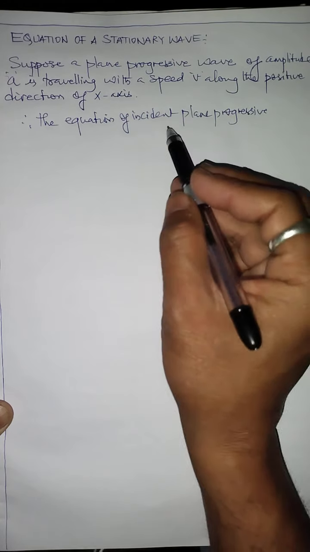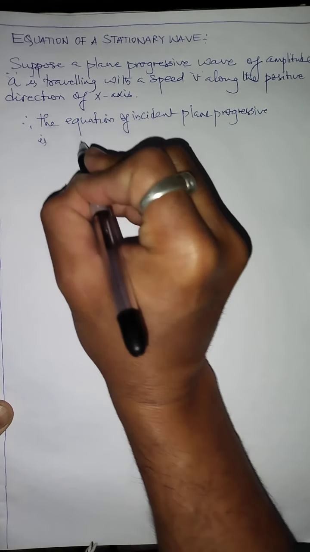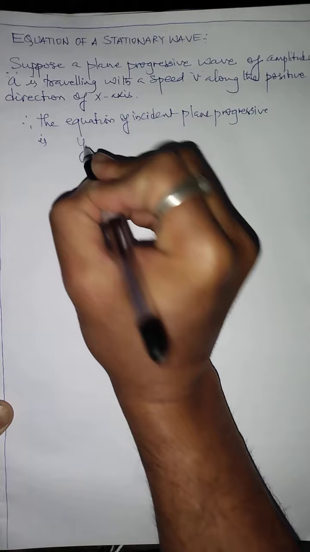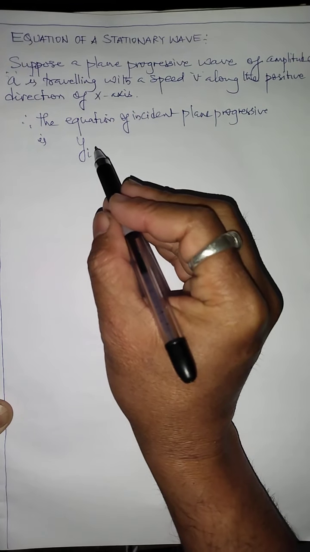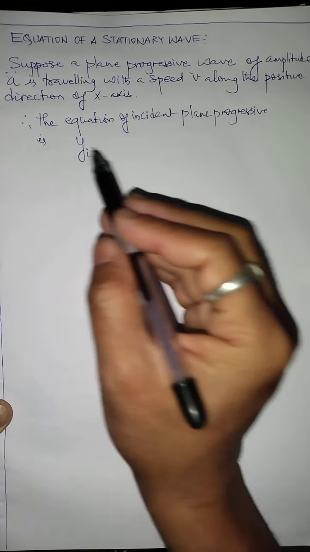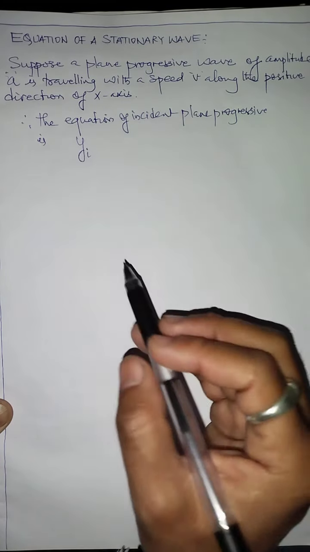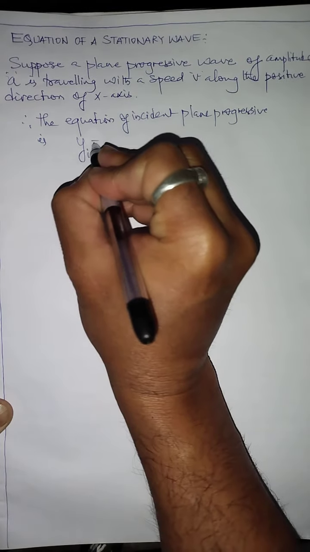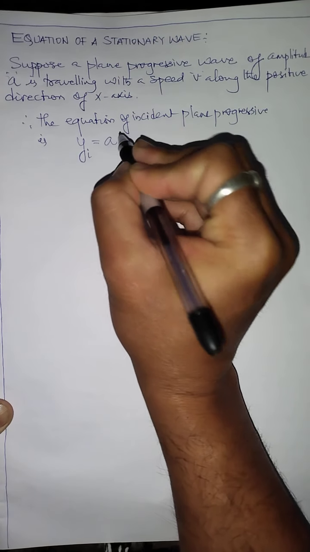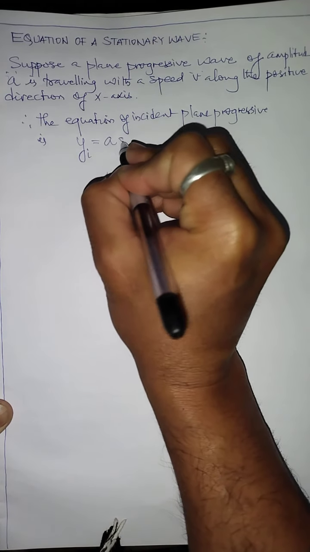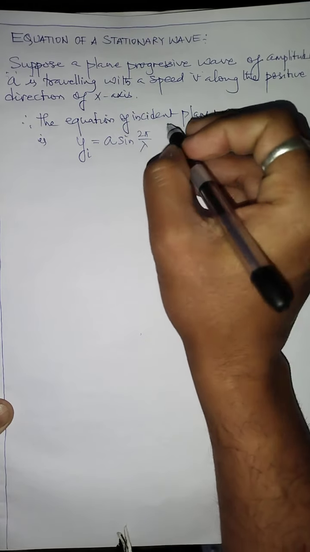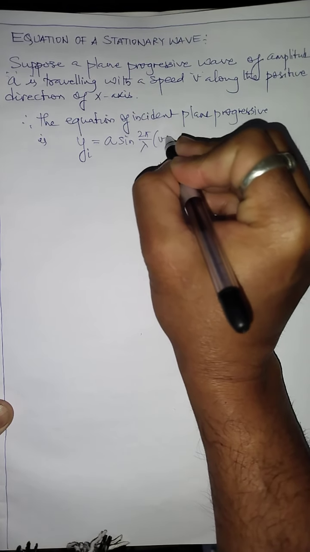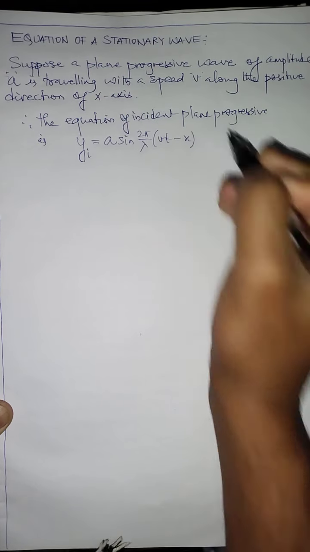The equation of the incident plane wave is given by y_i. This i implies the displacement equation of the plane progressive incident wave. That means y_i equals a sin (2π/λ)(bt − x).